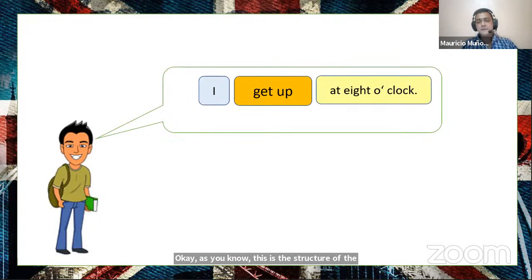This sentence is positive. I get up at 8 o'clock. It's a positive in first person. Me despierto a las 8 de la mañana. Esta oración es positiva. It's a positive sentence. So today we're going to learn how to switch from positive to interrogative, or questions.